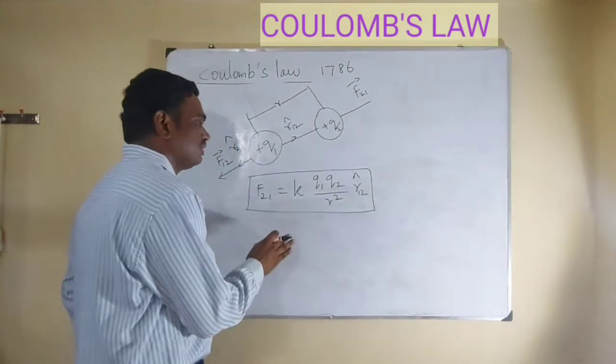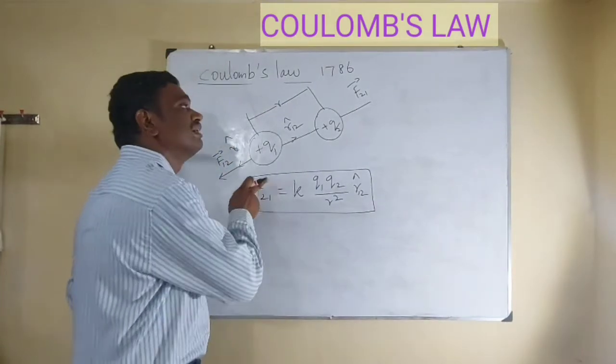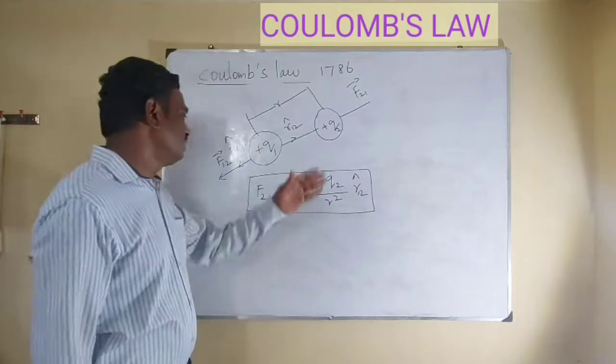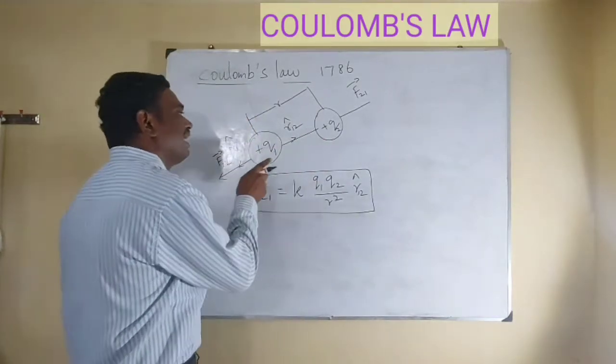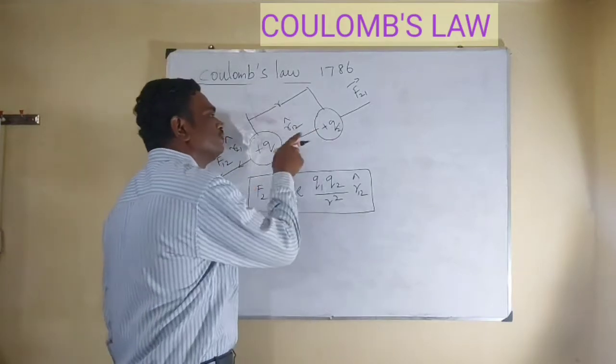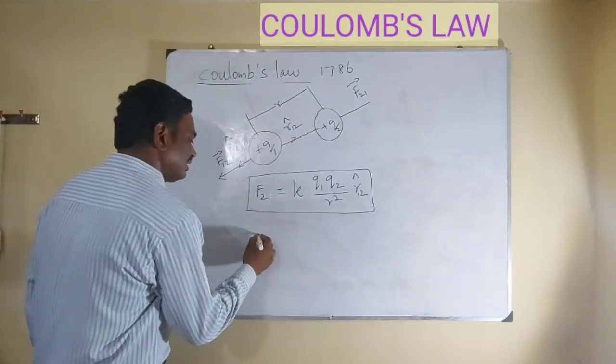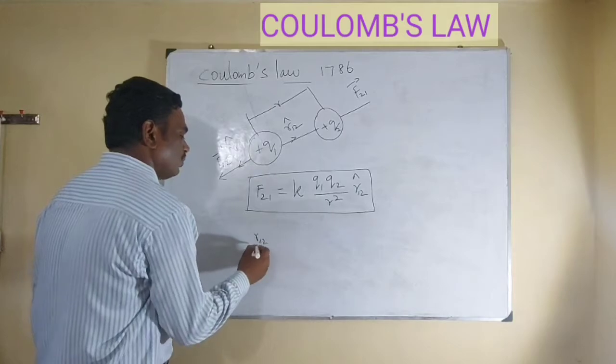The second aspect: we are going to study the direction of the forces F21 and F12. Here the F21 acts along Q1 to Q2, so the unit vector can be written R12 cap.